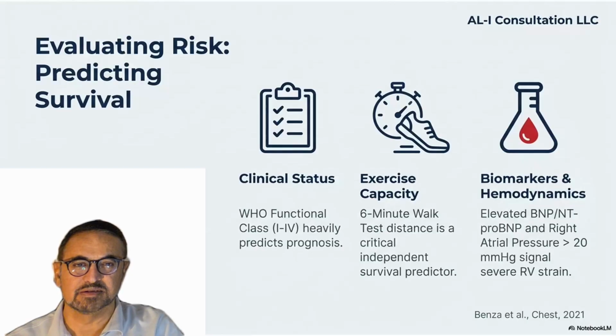Then come the biomarkers and hemodynamics, including BNP or NT-proBNP, right atrial pressure, and cardiac output. When these worsen, the patient is telling you that RV strain is increasing. The practical lesson is that pulmonary hypertension management is longitudinal. You do not re-stratify once. You reassess repeatedly and escalate therapy when the patient moves into a higher risk profile.